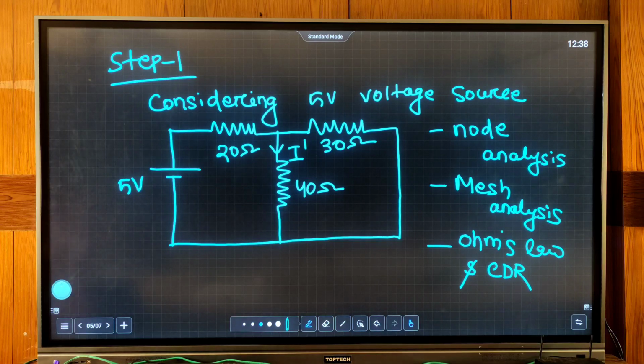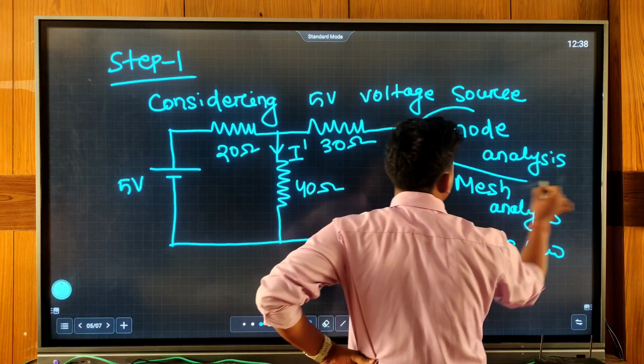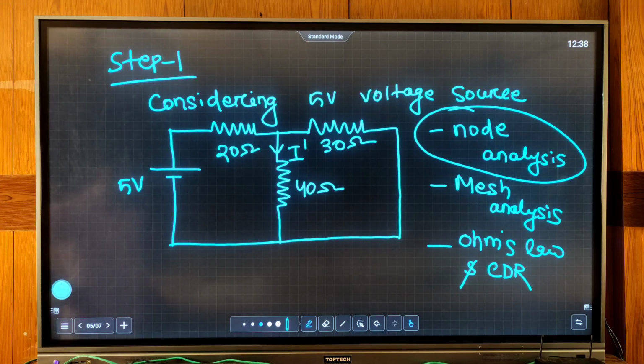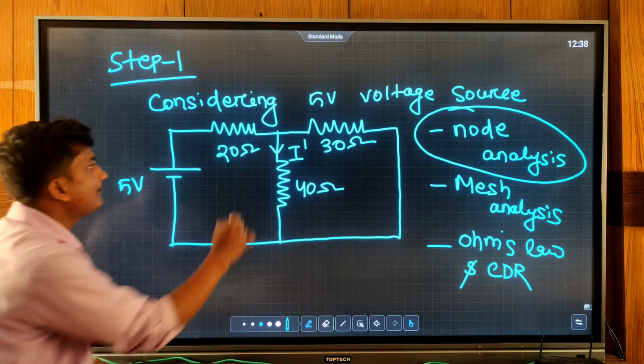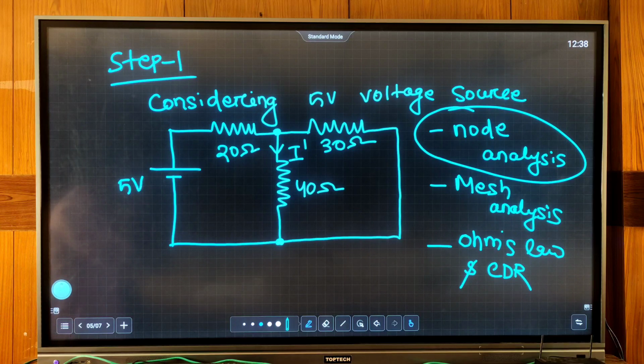These are 3 methods that we can use to easily calculate the current I S. So I am taking the first, that is node analysis. In this circuit there are 2 nodes. First, what is a node? A node is basically where 2 or 3 branches meet at a point. So I am taking these 2 nodes to analyze the current in the 40 ohm branch.